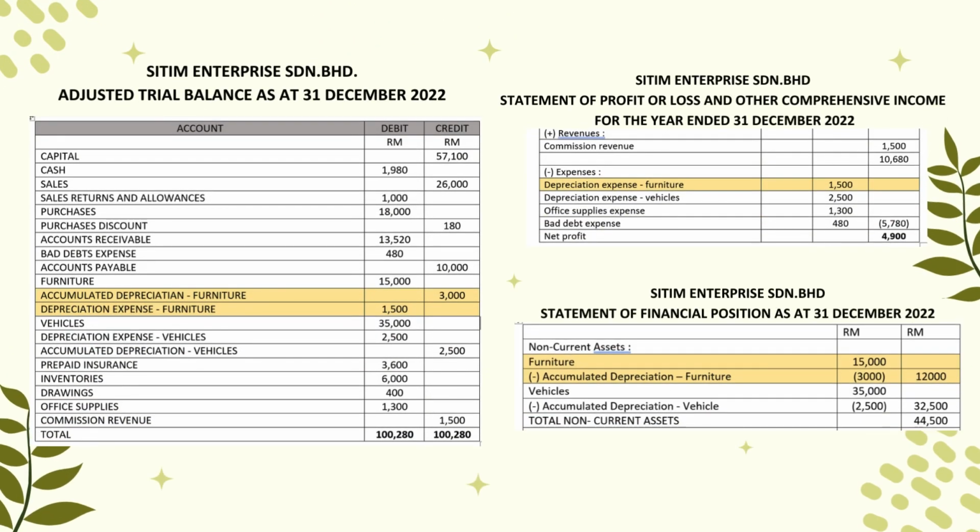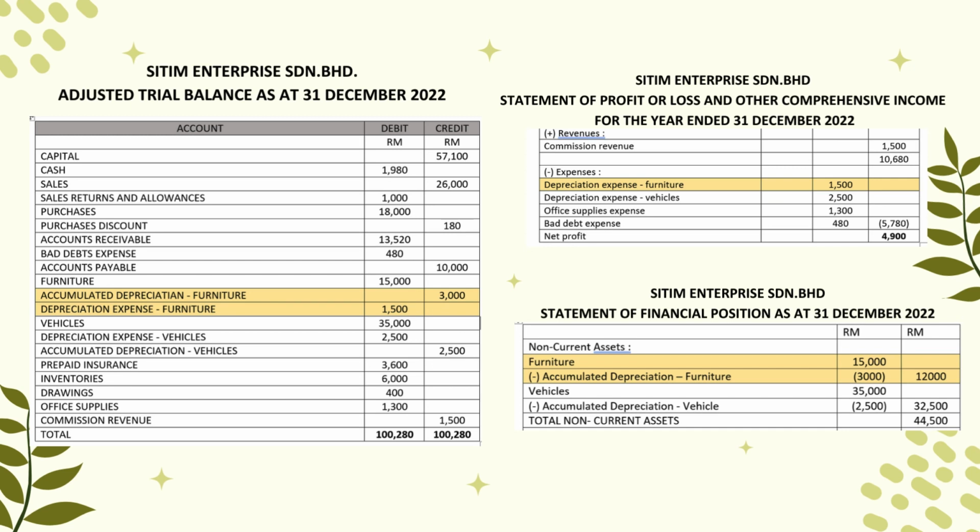Next, when we have done calculating the depreciation for the first step and the second step, we open the ledger and the general journal. So the last step is we adjust the trial balance, and then we prepare the statement of profit or loss and other comprehensive income, and then the statement of financial position for the company.